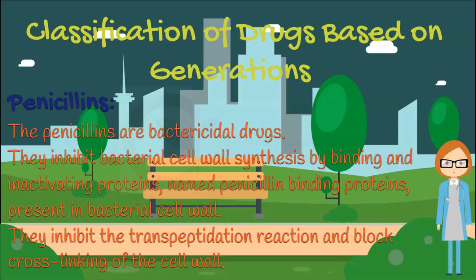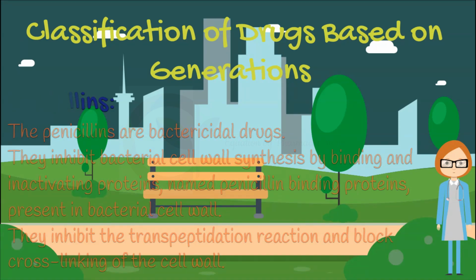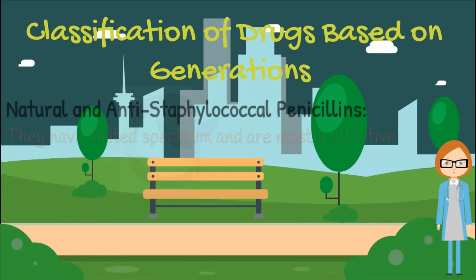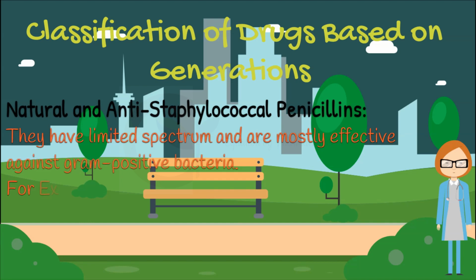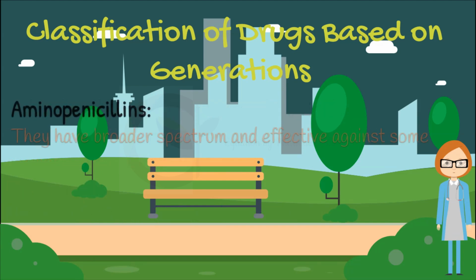They are divided into 4 generations, including natural and anti-staphylococcal penicillins. They have a limited spectrum and are mostly effective against gram-positive bacteria. For example, penicillin G and V, nafcillin, and oxacillin. Aminopenicillins.